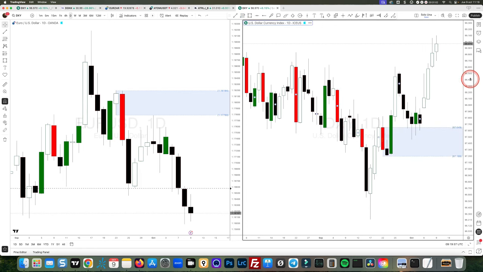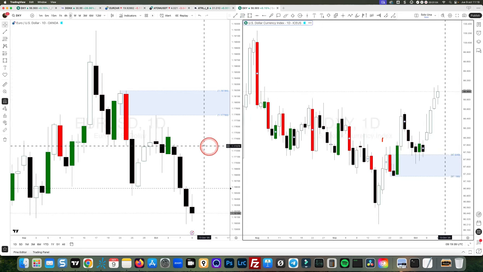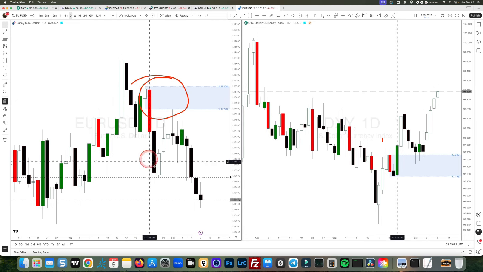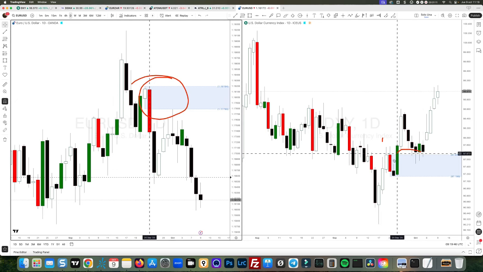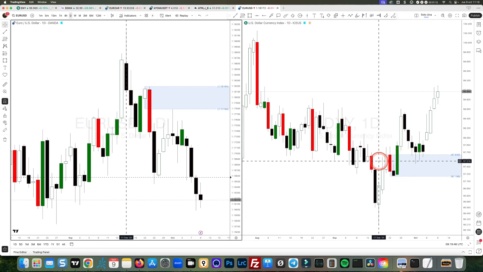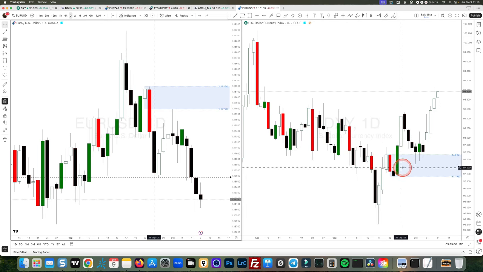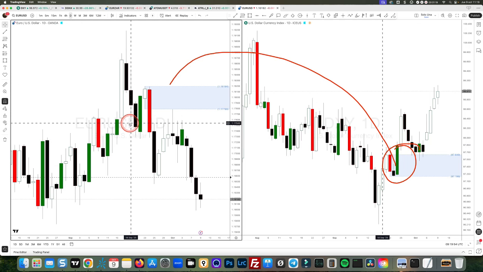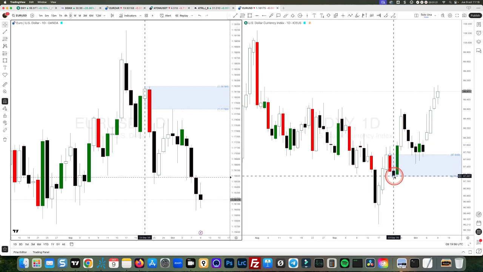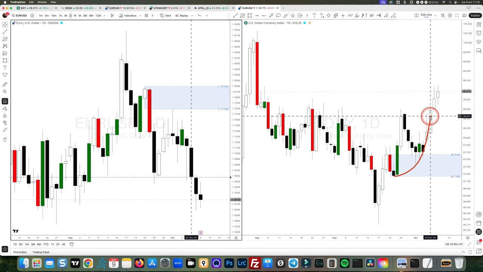Okay, so whenever a supply level is created on the euro, there is usually a mirror demand level created on the dollar index, or vice versa, because they are highly correlated. The dollar index is made of a huge percentage of the euro and other pairs, and it just reflects a combination of those pairs.